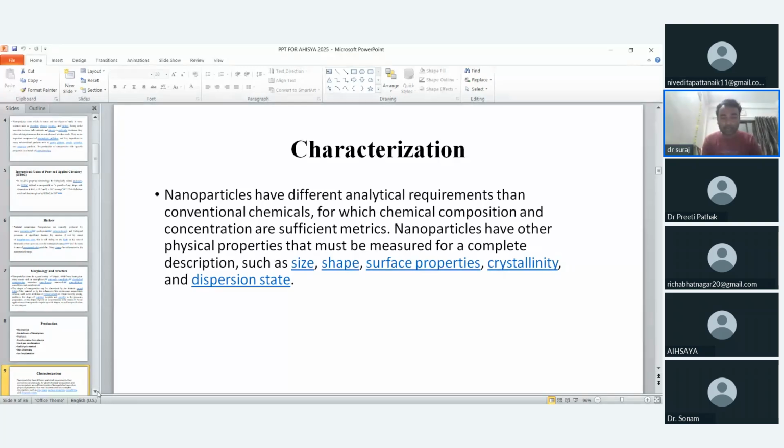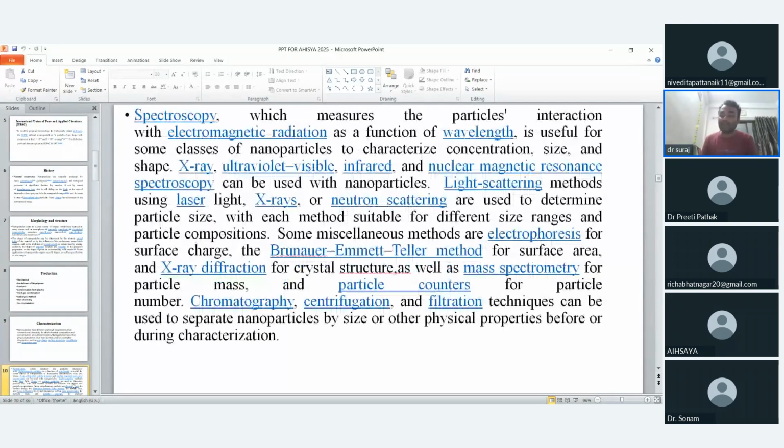Next, these are the different methods, tools, or equipment through which we standardize, quantify, or qualify the nanoparticles. What are the different methods? Spectroscopy, electromagnetic radiation, X-ray, ultraviolet rays.